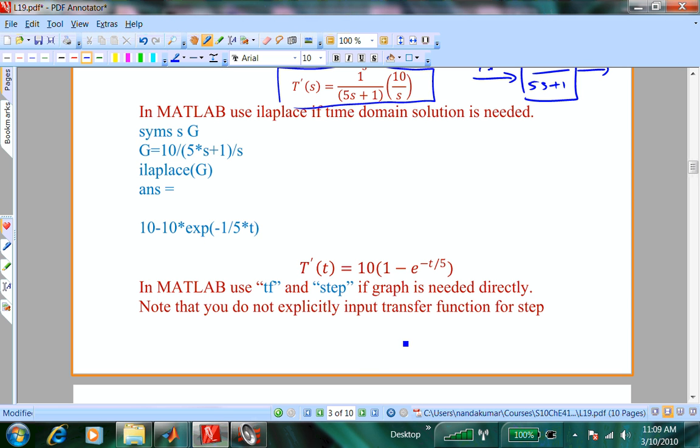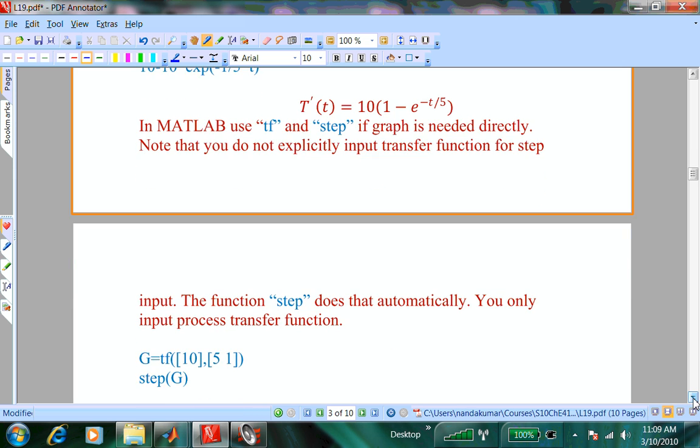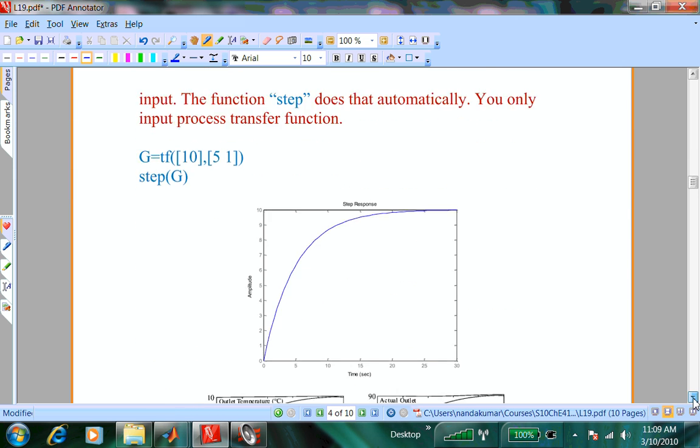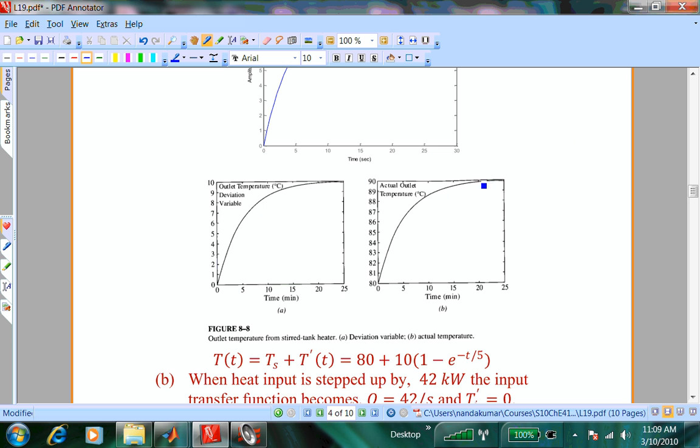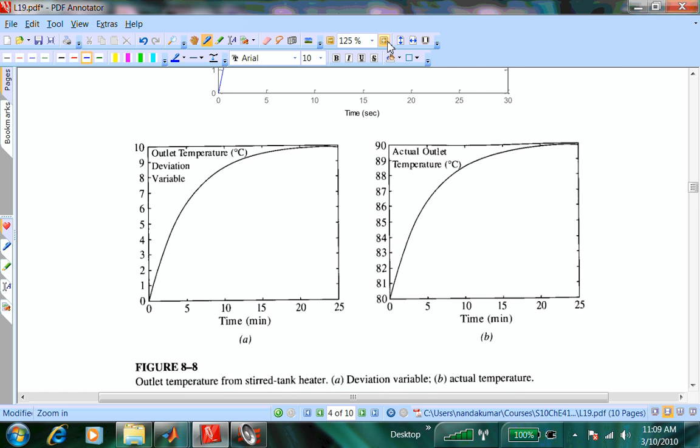So let's go back to the notes, and this is basically a graph of this particular analytical expression. Now, here I have two graphs side by side. What is the difference? On the left-hand side, you see the plot in terms of deviation variables from 0 to 10.